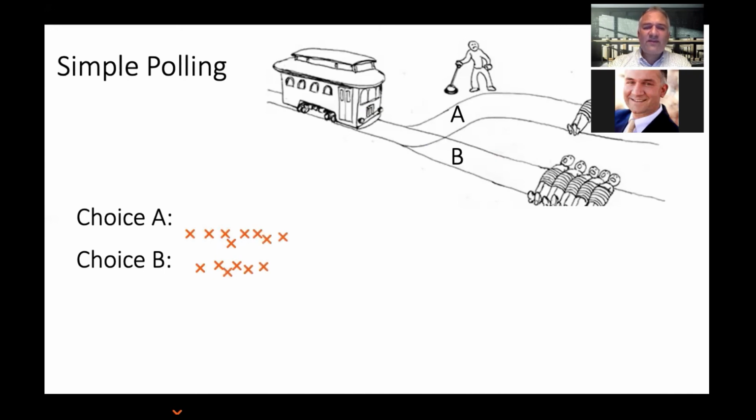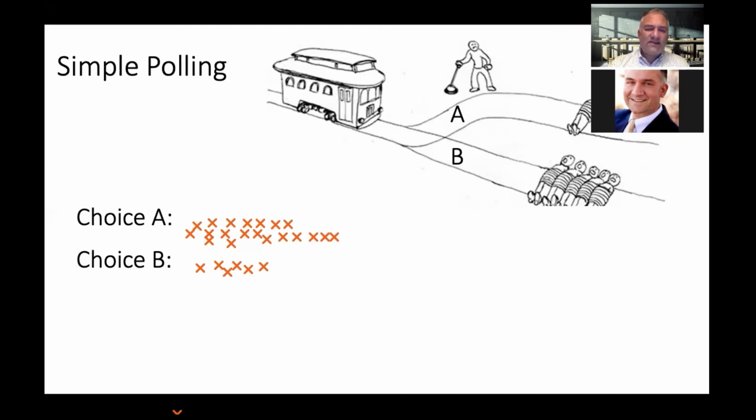And so you get sort of this live histogram of students voting for whichever choice they are most supportive of. And then you can have a discussion to say, oh, well, I see most people chose choice A. Why might that be? And go into more detail around that.